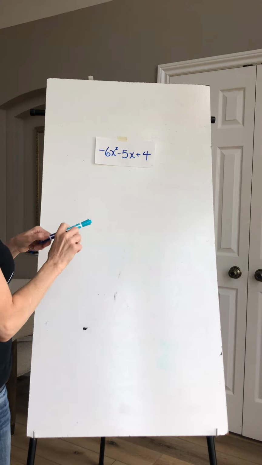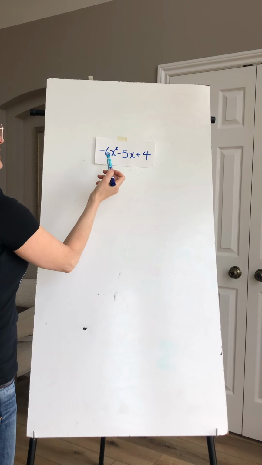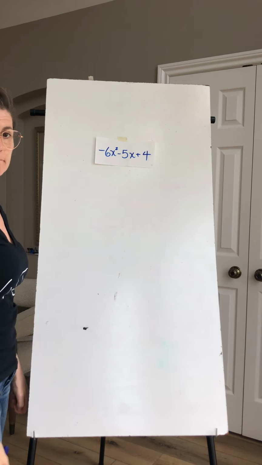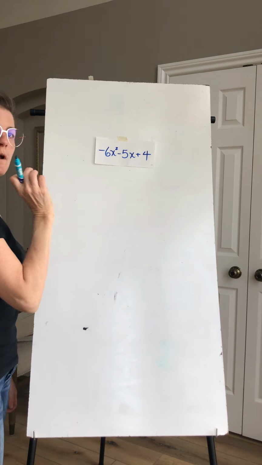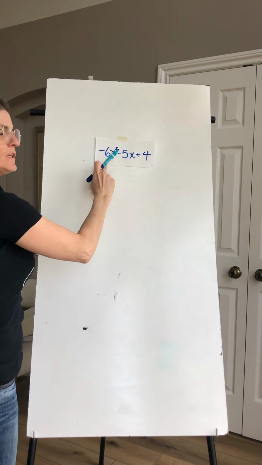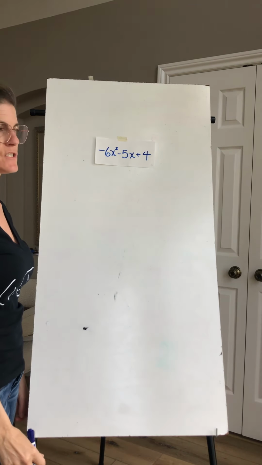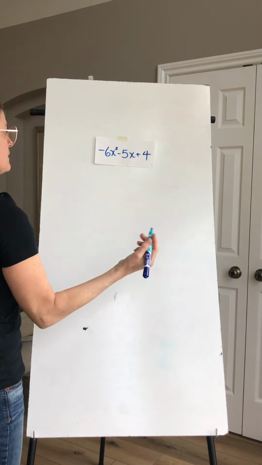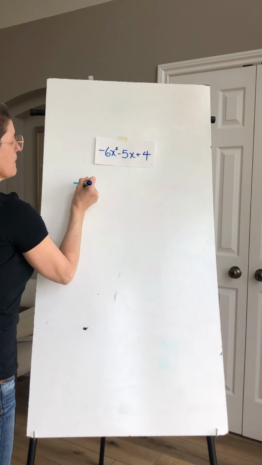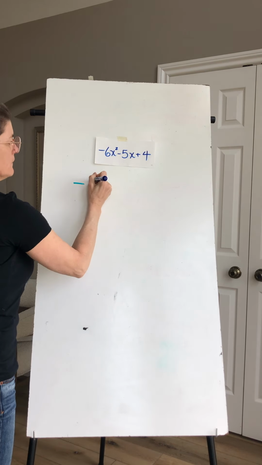So, this one, I don't see anything common between 6 and 5 and 4. So, theoretically, you could leave it. But I am going to suggest you never leave a negative in front of the first term. It just is going to make the next section we're moving on to a little bit more difficult. So what I'm going to do is divide out a negative 1.